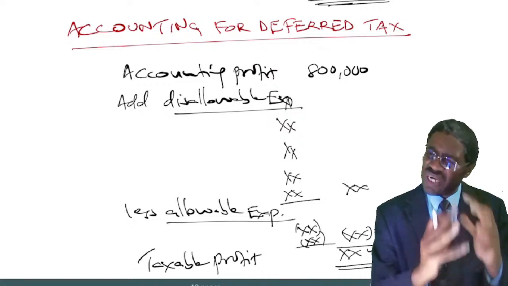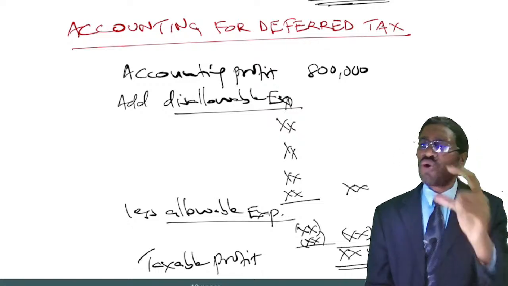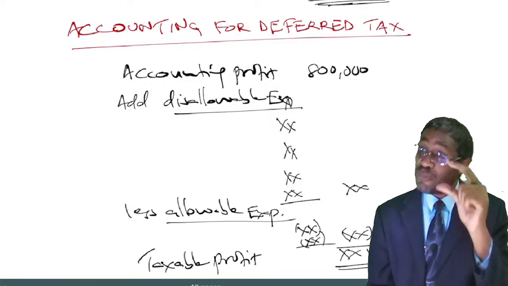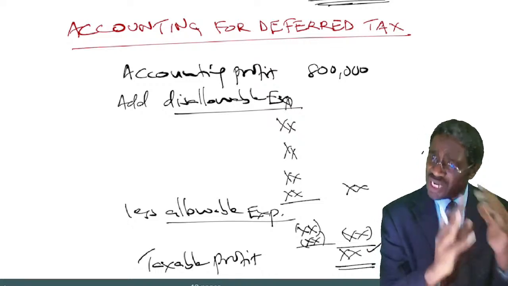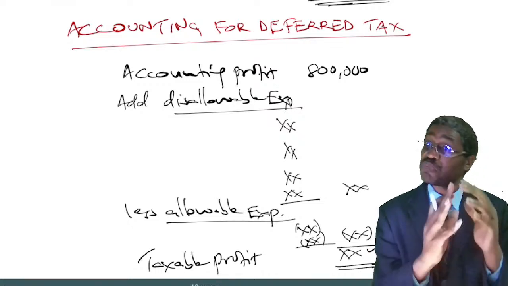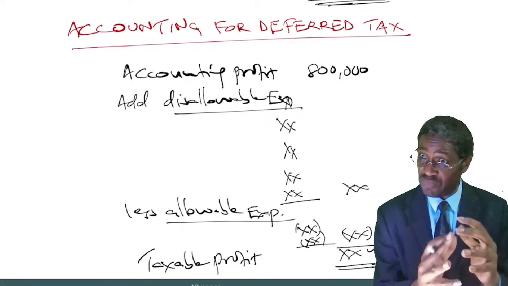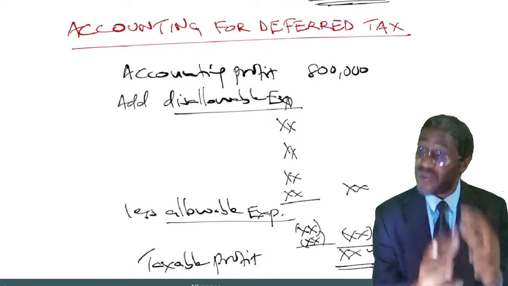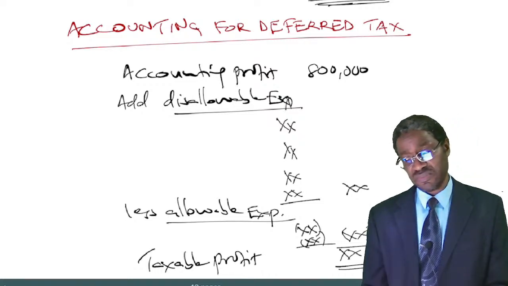So how will the taxman argue? He will argue by saying that by you recognizing an expense called depreciation in your income statement, as per the income tax authority, your profit is wrong. How? Because your expenses are overcasted.